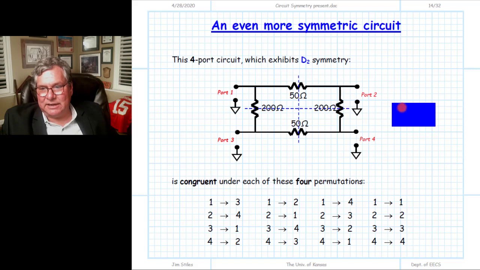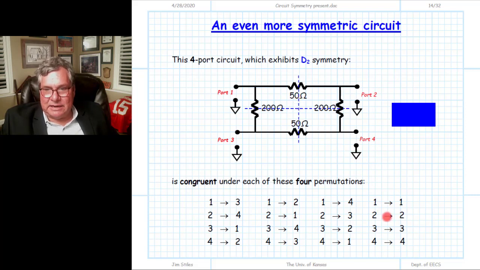Just like the sides, this side and this side have the same length, this side and this side have the same resistance. The top and the bottom have the same length, the top and the bottom have the same resistance there. And so, like a rectangle, this exhibits a symmetry associated with the D sub 2 group, a group which has an order of 4 different operations we can apply to this circuit and leave it congruent under those operations.